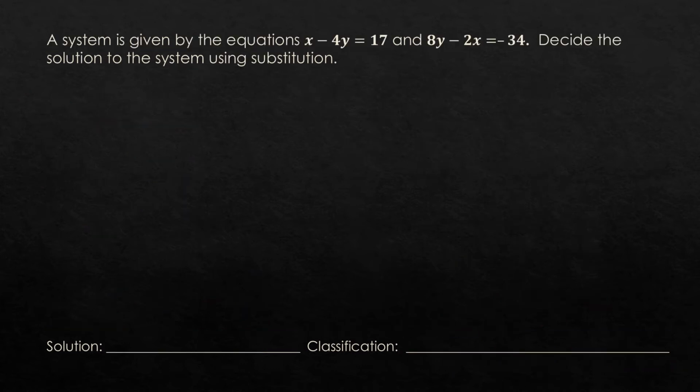A system is given by the equations x minus 4y equals 17 and 8y minus 2x equals negative 34. To solve this one with substitution, we're going to have to do a step at the beginning by isolating a variable. The easiest variable to pick is going to be one that has a coefficient of 1.